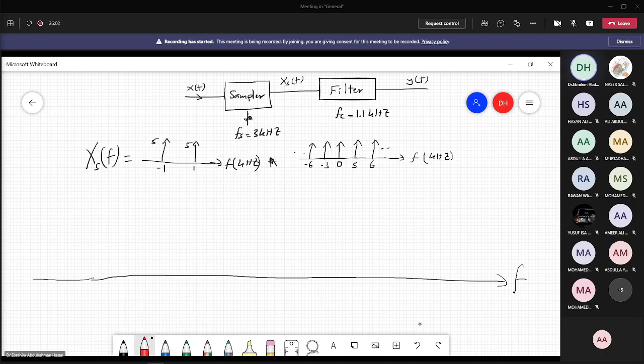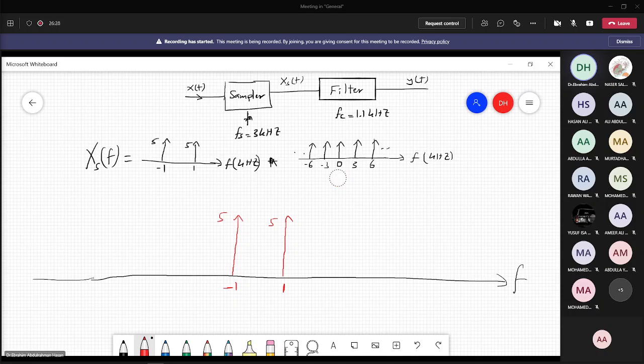First, convolution with a 0. Then I will get the original one. The original one is here and here. So this is at 1 and this is at -1. Okay, with a 5.